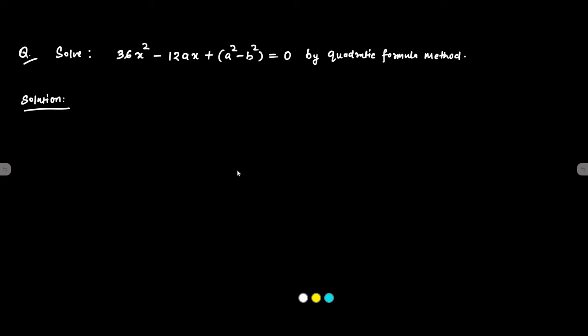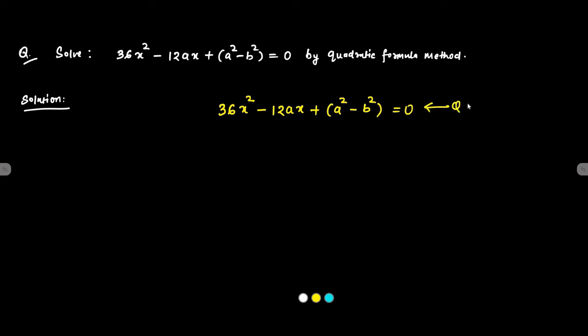So first we'll write the quadratic equation: 36x square minus 12ax plus a square minus b square is equal to 0. This is the given quadratic equation.